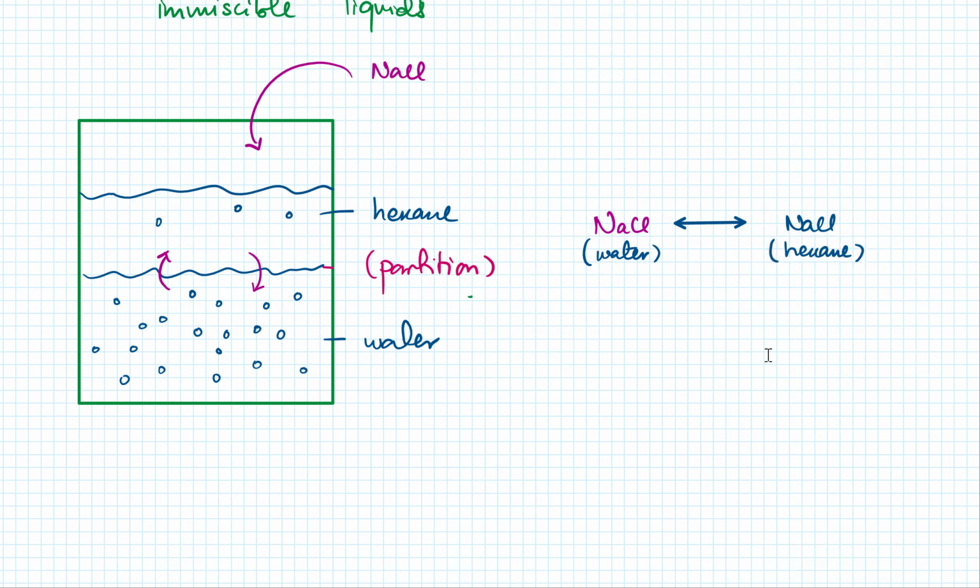So basically KPC is the Kc for this reaction. What is the Kc? I'm going to call it KPC. It's the concentration of products, NaCl in hexane, so concentration of NaCl in hexane divided by the concentration of NaCl in water.